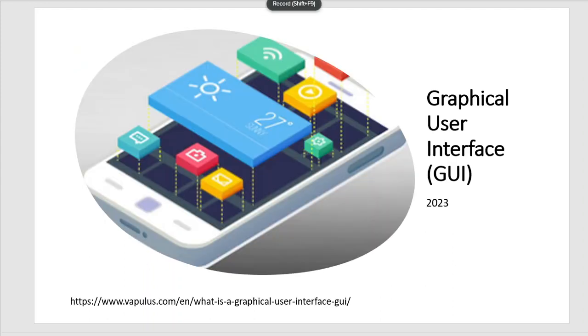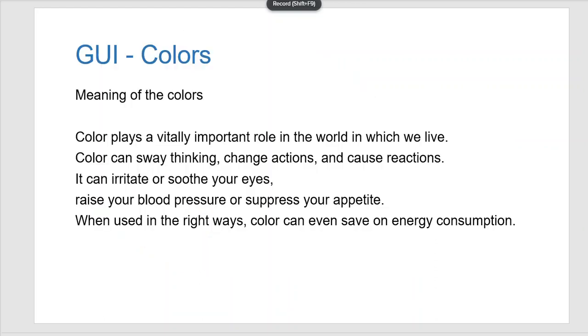Hello. So let's next have a short look at colors and what they mean when we talk about user interfaces. As you can assume, in a graphical user interface the colors have a really important meaning, because some colors could irritate and catch the focus of the user.